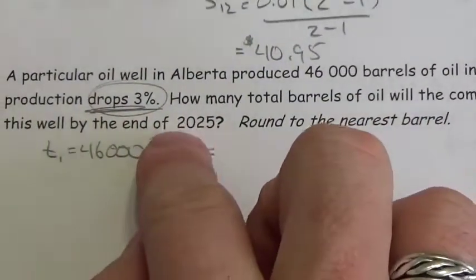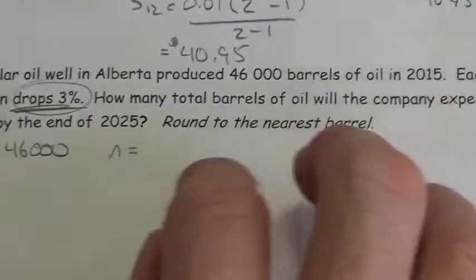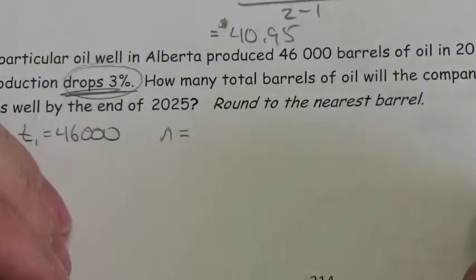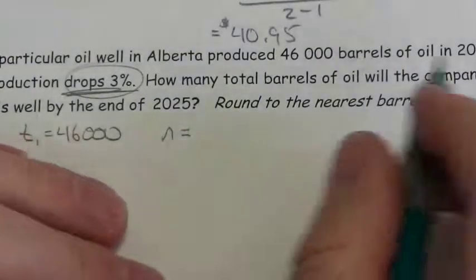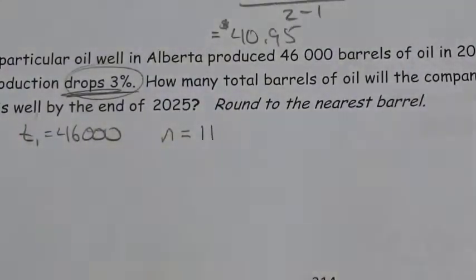So even though if I subtract 2015 from 2025, that's 10, that's the number of years later that it occurred. But we started counting at 2015, so we have to include that number here. That's going to mean n is actually 11.